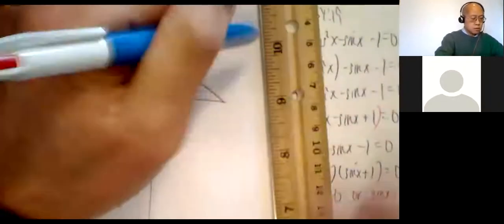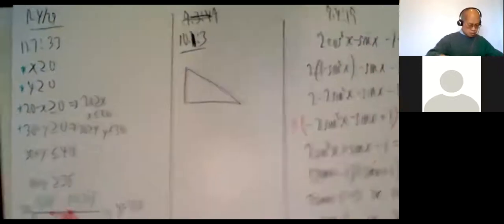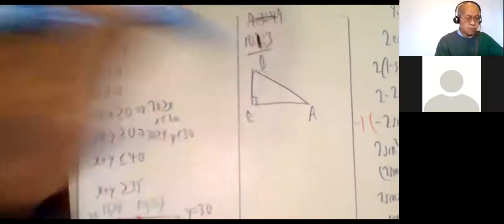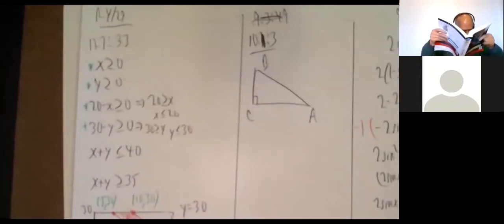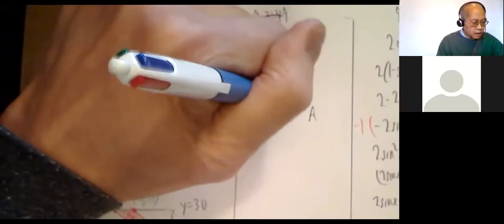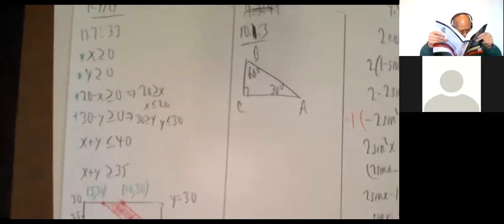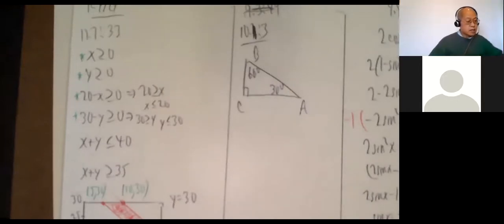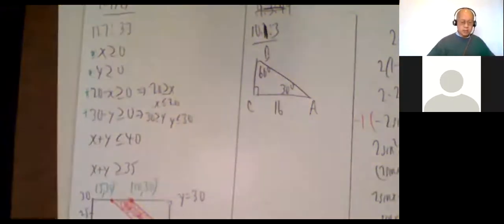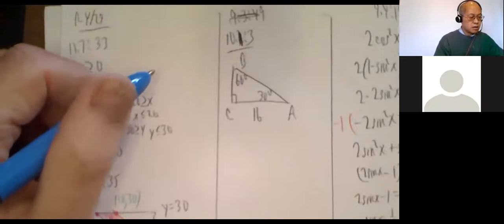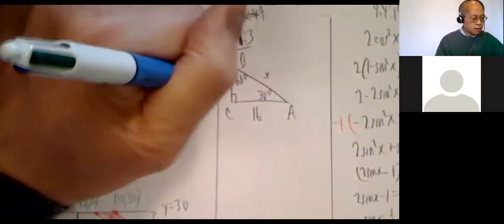So quickie picture here: A, B, C, right angle. Angle B is 60 degrees, which automatically makes this 30, right? AC is 16. Find the other two sides. I'm going to call them X and Y, I guess.